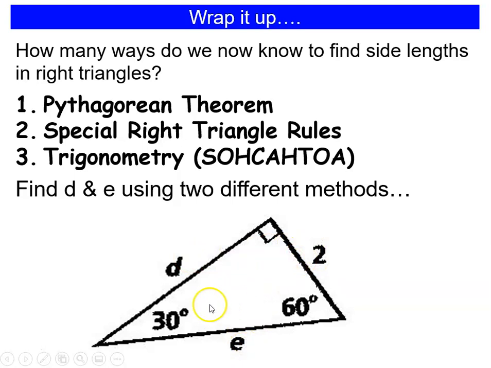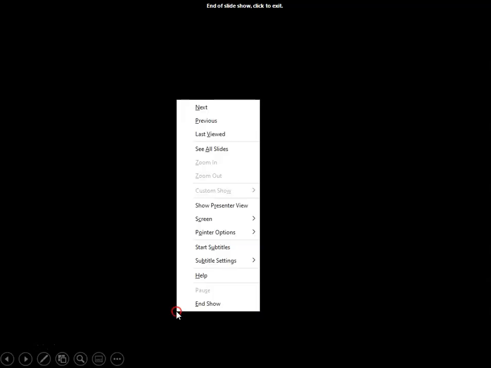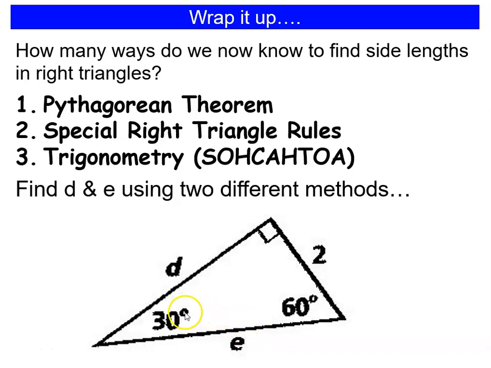The trig way would be to lock in an angle. Here I'll use 30 degrees. To find D, the long leg of this triangle, you could take the opposite side and divide by the adjacent side. So you have TOA, opposite over adjacent.